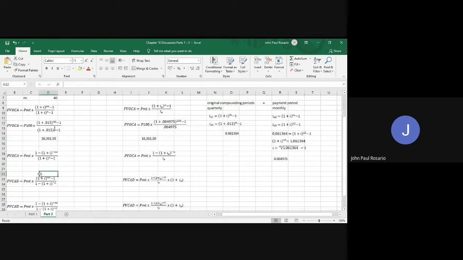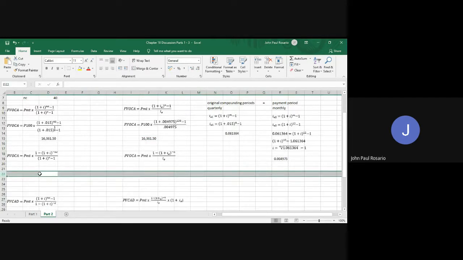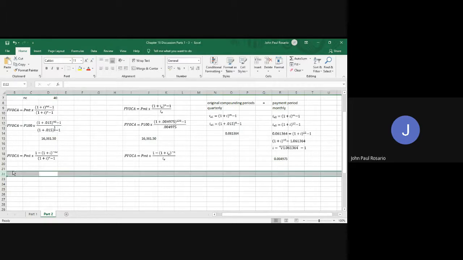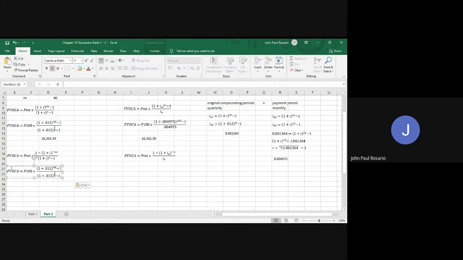So what if it's the present value? Let's copy this and paste it here, or we can just use this. Yes, we can use this. And then we transform it to PV ordinary annuity.